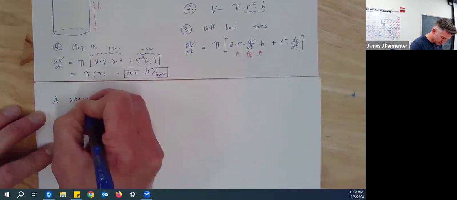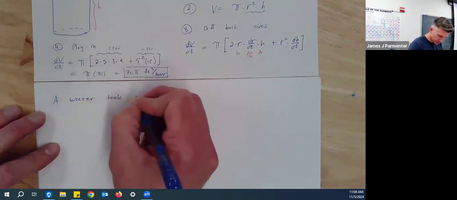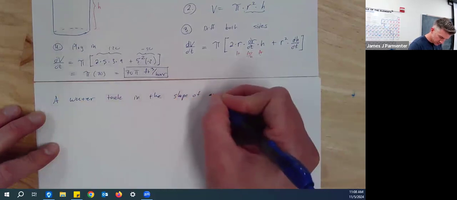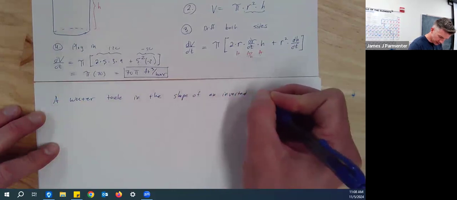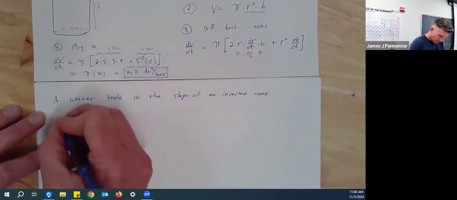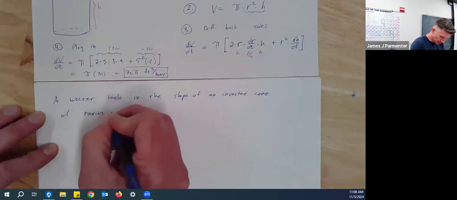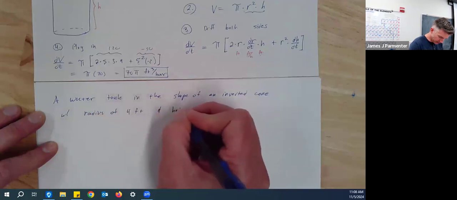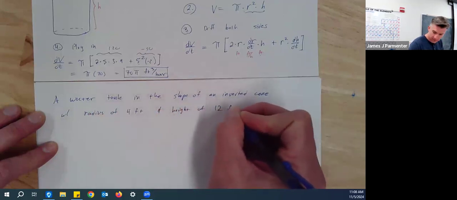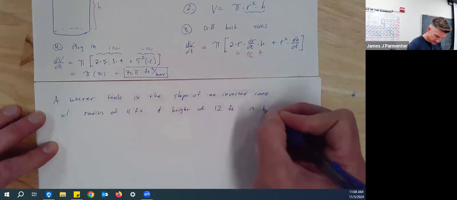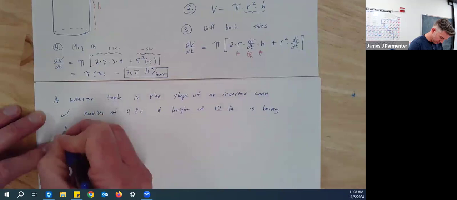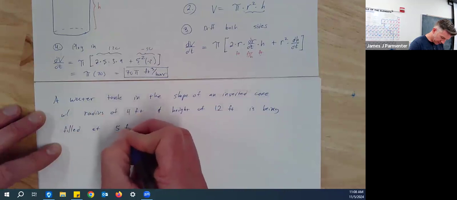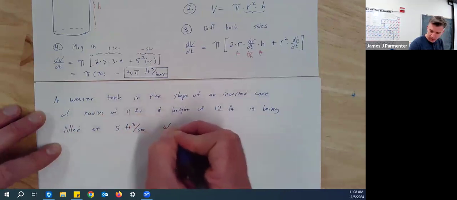A water tank in the shape of an inverted cone, meaning point down, like an ice cream cone, with a radius of 4 feet and height of 12 feet, is being filled at 5 cubic feet per second with water.